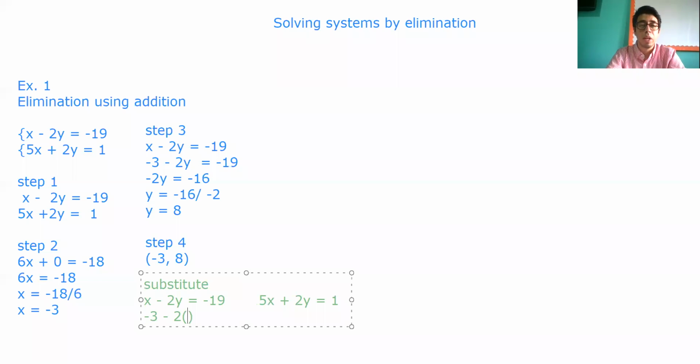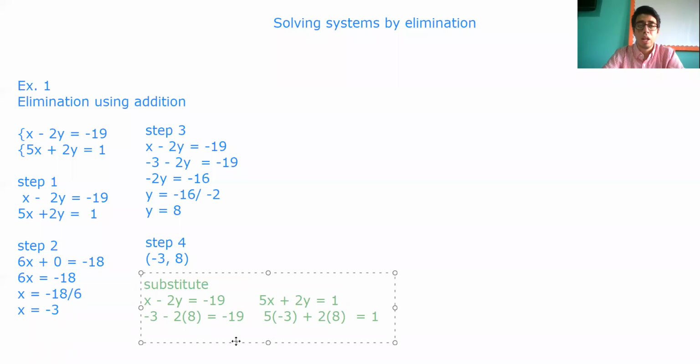And what number am I going to replace by y? 8, right? This is equal negative 19. And for the other one, 5 multiplied by the value of x, that is negative 3, plus 2 multiplied by the value of y, that is 8. And this has to be equal 1.